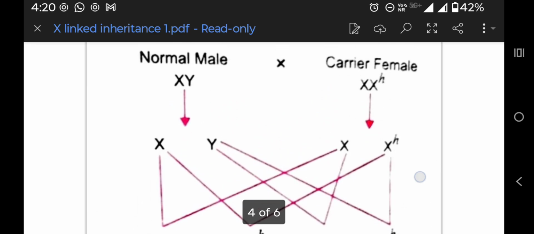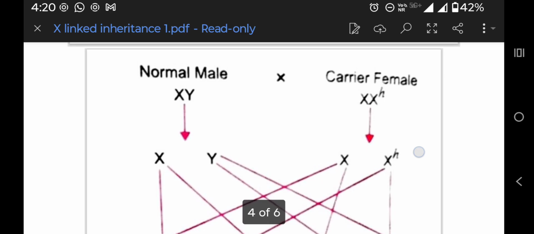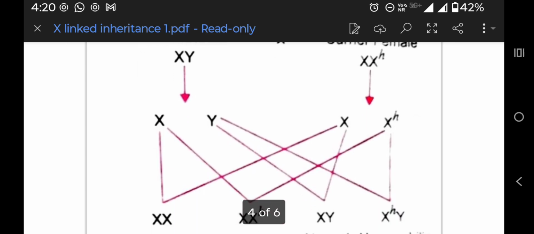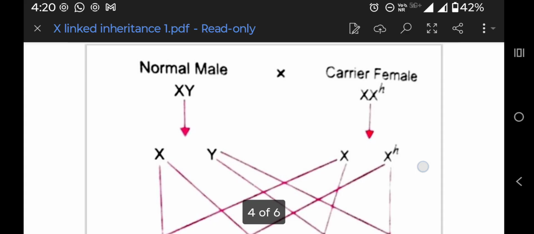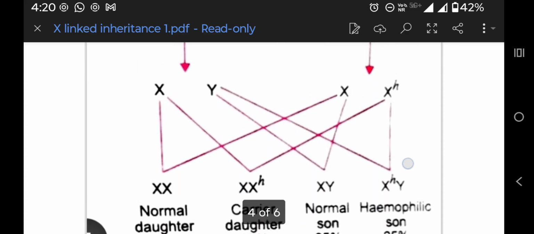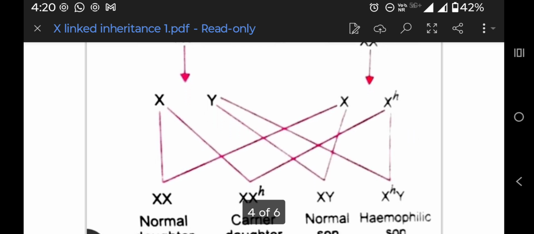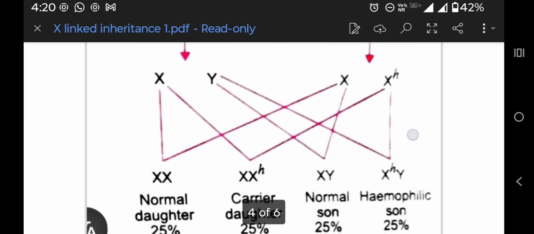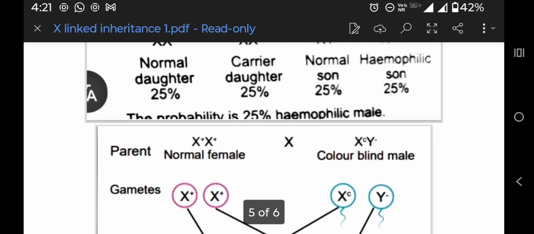Pattern is the same means they are having the crisscross inheritance: although the male is normal, the possibility of a hemophilic son exists if the mother is a carrier. And if the mother is normal and the male is hemophilic, then the females will be carrier only, not hemophilic but carrier. So you can see the different possibilities here.